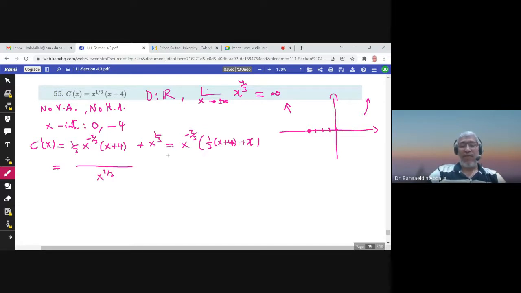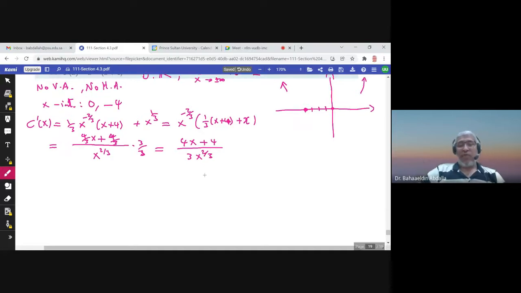And here I'll have 1 over 3 x plus x, so 4 over 3 x plus 4 over 3. To get rid of the 3, I can multiply by 3 over 3. So I'll have 4x plus 4 over 3x to the power 2 over 3. Now let us look carefully at f prime.